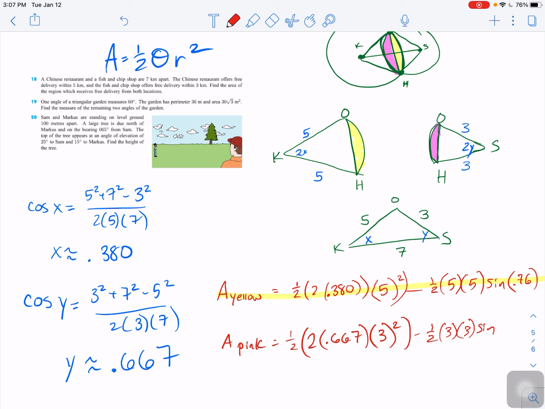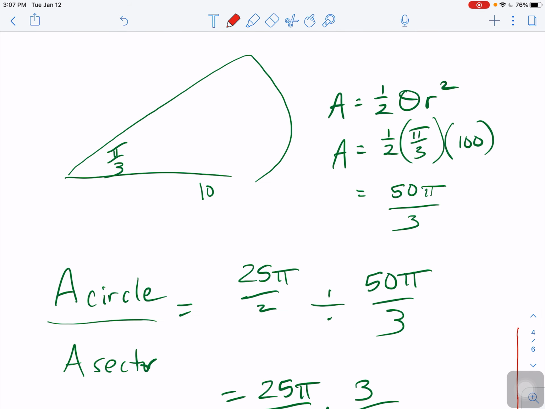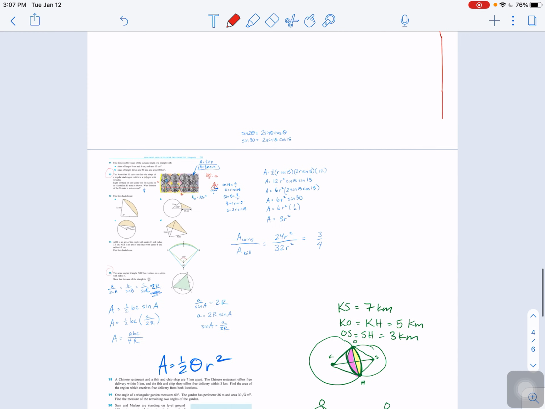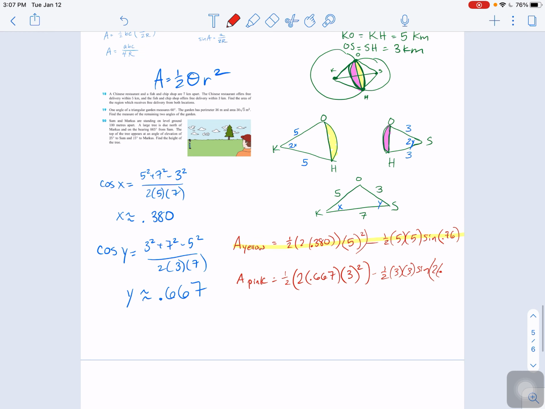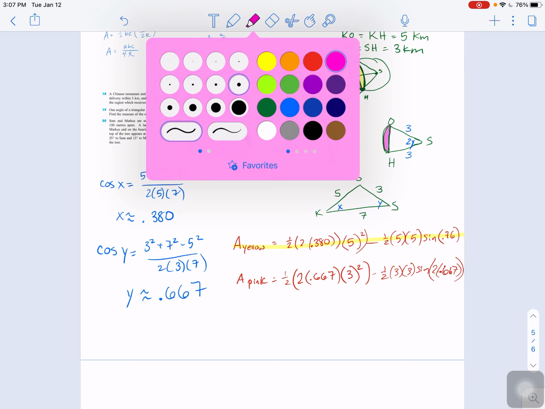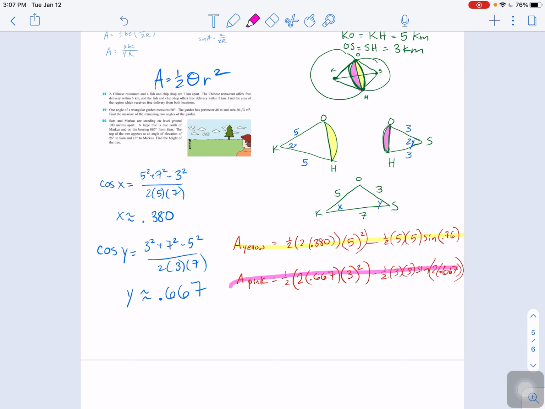Whatever it is, 2 times 0.667. Anyway, that's what I need to calculate, 0.667 times 2. Take the sine value of that. Clean all that up. That was the one that was in pink, and then you would add them together.